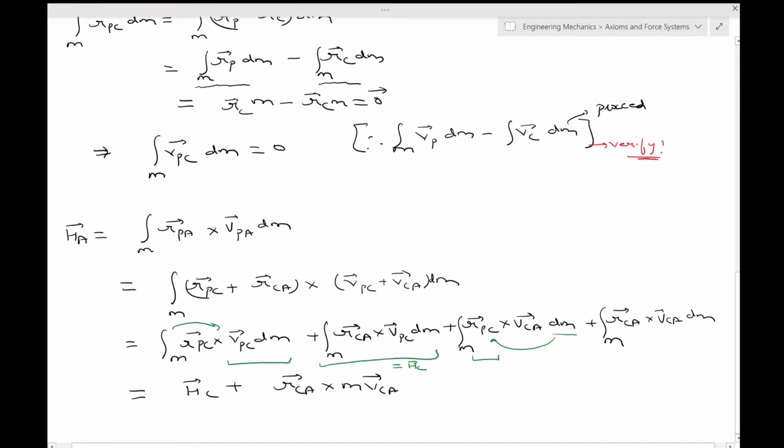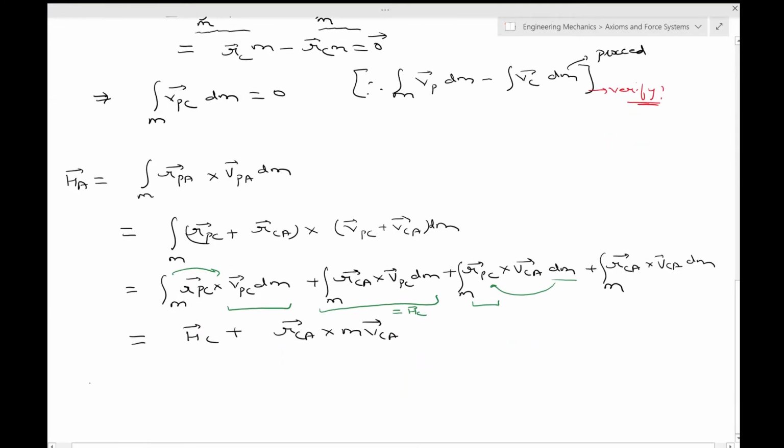Now let's see how the kinetic energy is written in terms of the center of mass. So the kinetic energy is equal to half into integral of Vp square dm, okay. This should be written like this, okay. There's no such thing as a square of a vector.